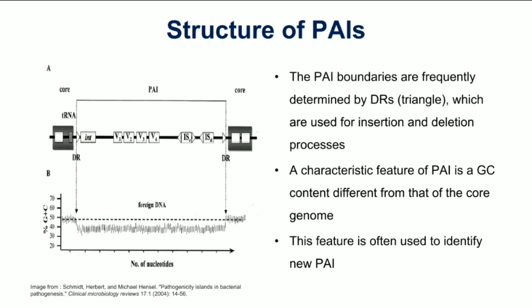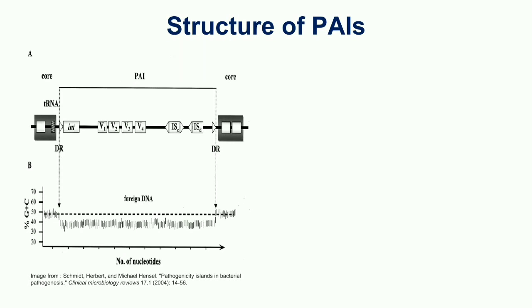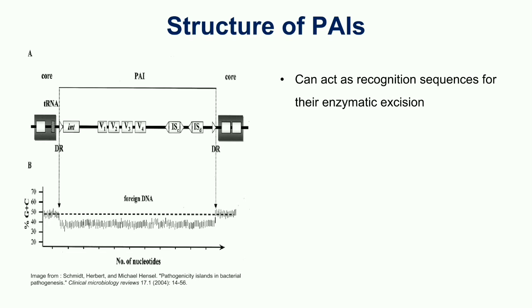This difference in the GC content helps us identify the novel pathogenicity island genes. These direct repeats are the sites which can be recognized on the basis of their sequence for enzymatic excision of the pathogenicity island from the core genome.